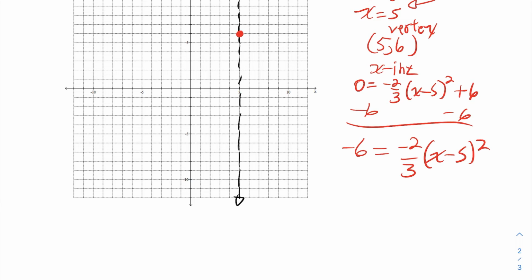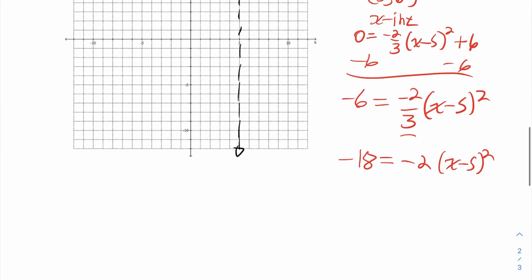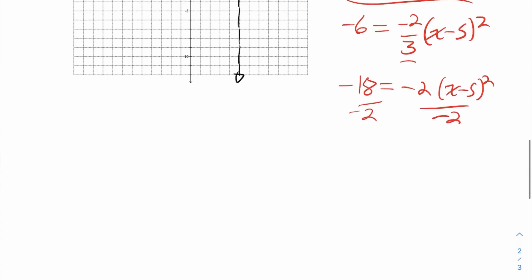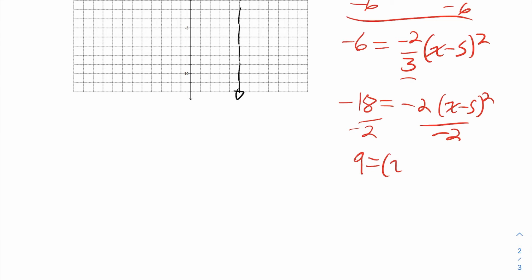We could multiply both sides by 3, so we get negative 18 is equal to negative 2 times (x minus 5) squared. And then we could divide both sides by negative 2. So that means that 9 is equal to (x minus 5) squared.